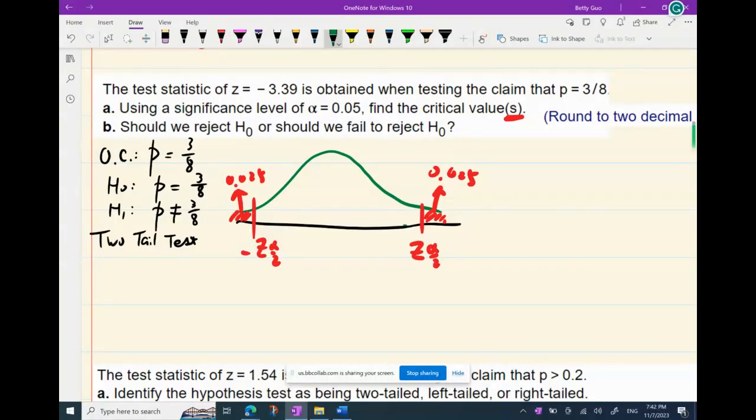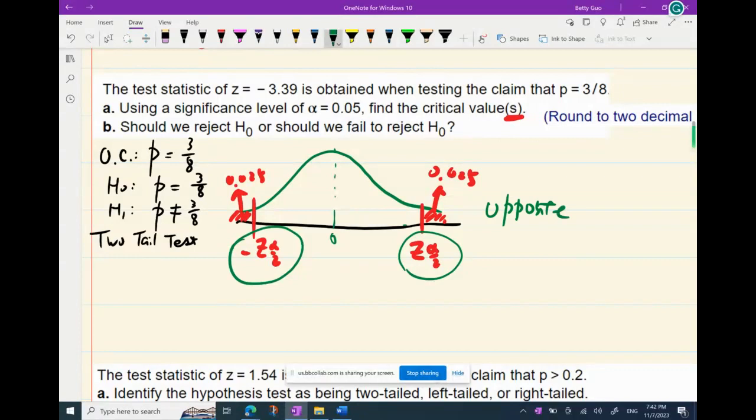Knowing the z curve is symmetric with respect to the origin, 0, we really only need to figure out the critical value in the left tail, and then change the sign to get the positive critical value. We only need to get one of them, and then we know the other because they are opposites.